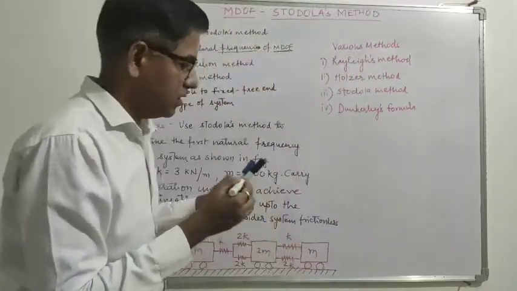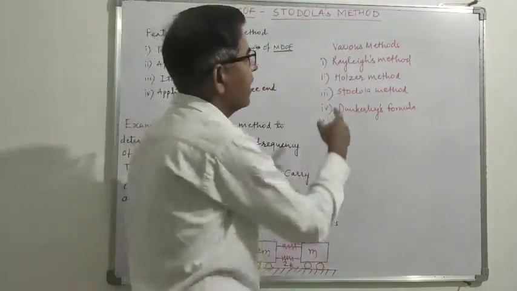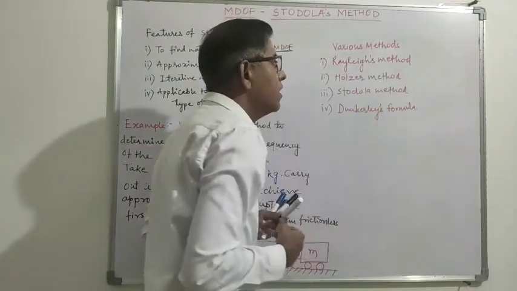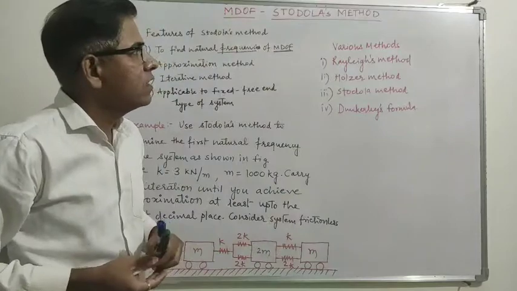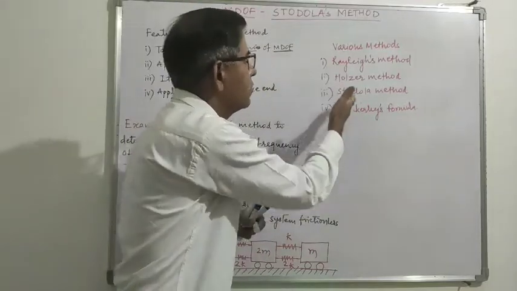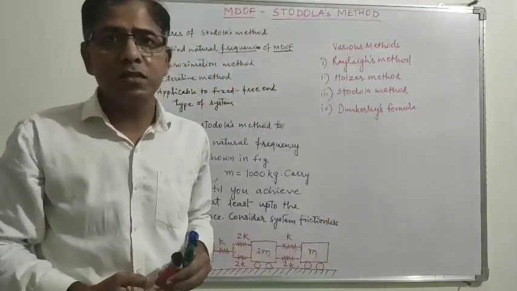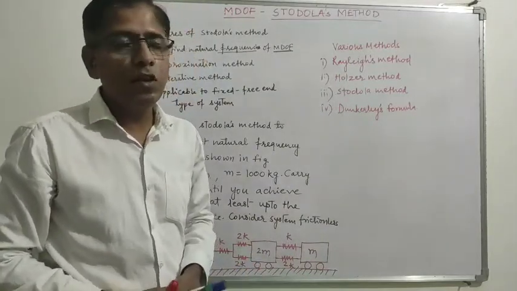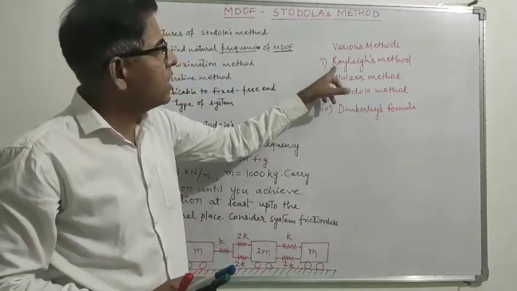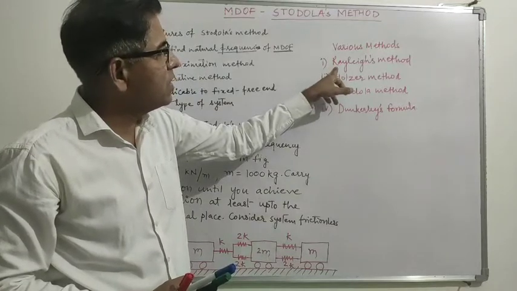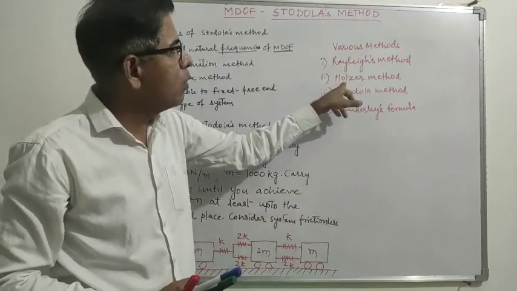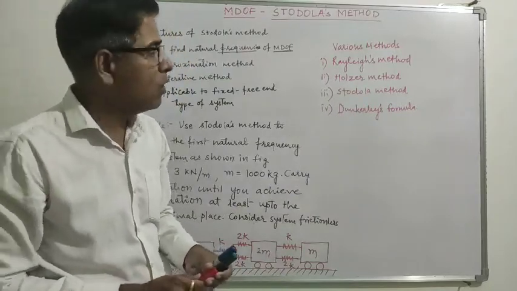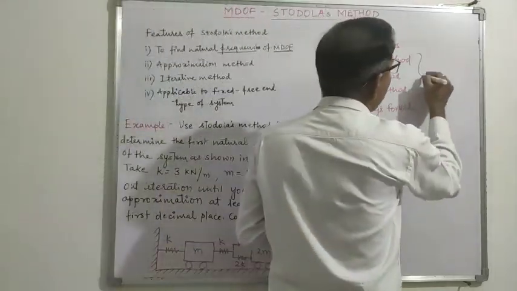So all these various methods are there: Rayleigh's method, Holzer method, Stodola method, Dunkerley method. All these are the names of the mathematicians or scientists who have developed these methods. So on the basis of the names of the mathematicians, they are Rayleigh's method, Holzer method, Stodola method, and Dunkerley formula. All these methods have one thing in common.